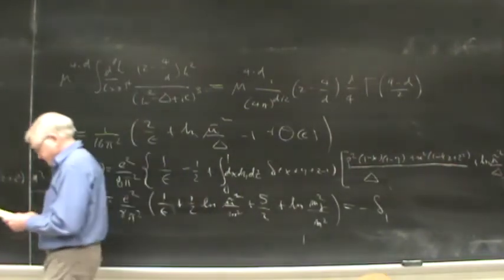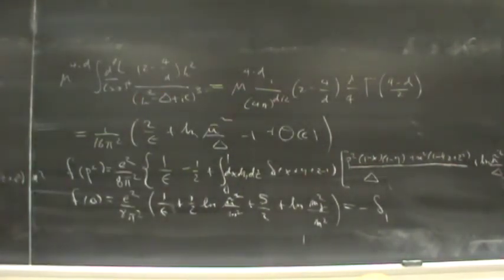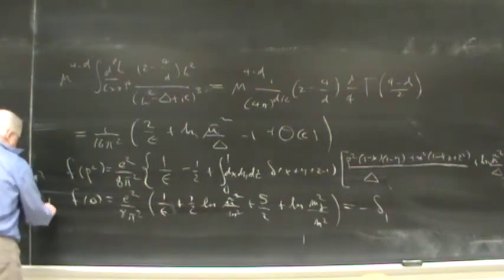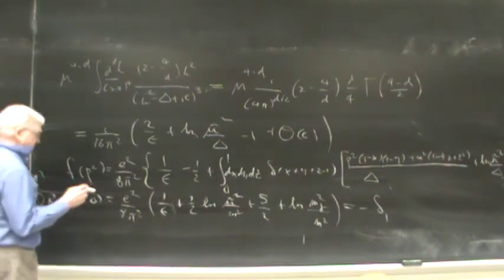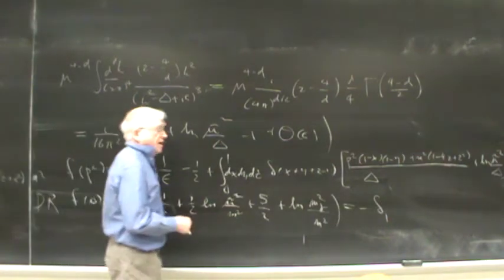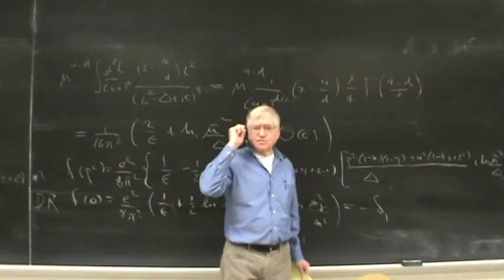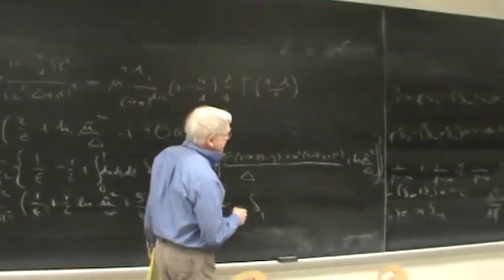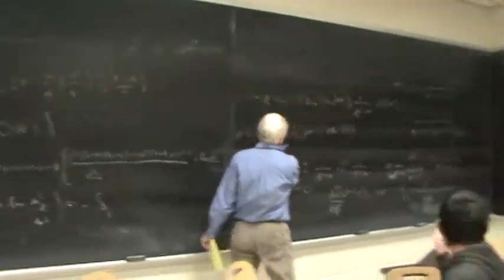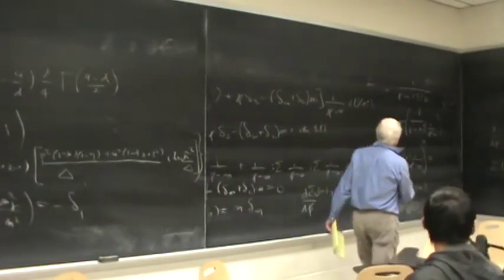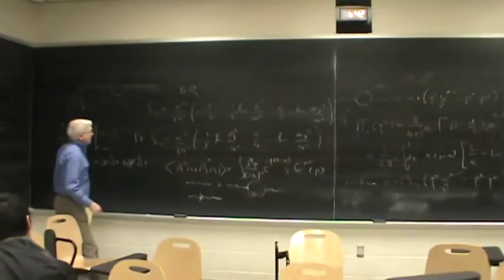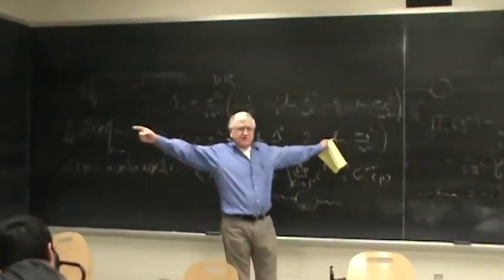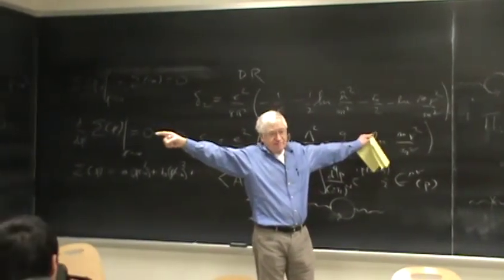And now this is, of course, in dimensional regularization. Now if we compare our formula for delta 1 with our formula for delta 2, does anybody see it? Where is it? Oh, here it is. Delta 2. Yeah, right there. You can see that the formula for delta 1 and the formula for delta 2 are the same.